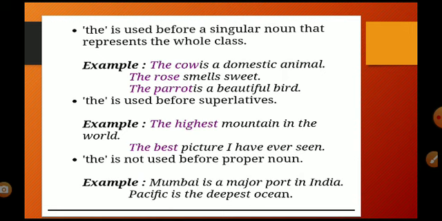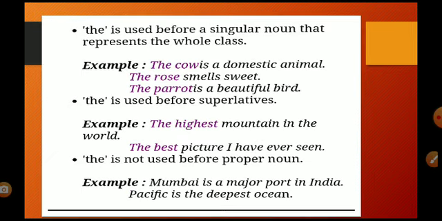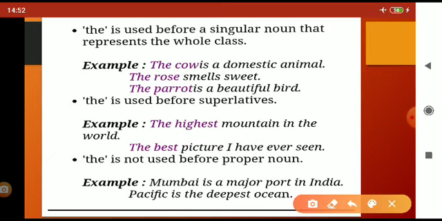The rose smells sweet. The parrot is a beautiful bird. So here, cow, rose, and parrot, they represent a whole class.